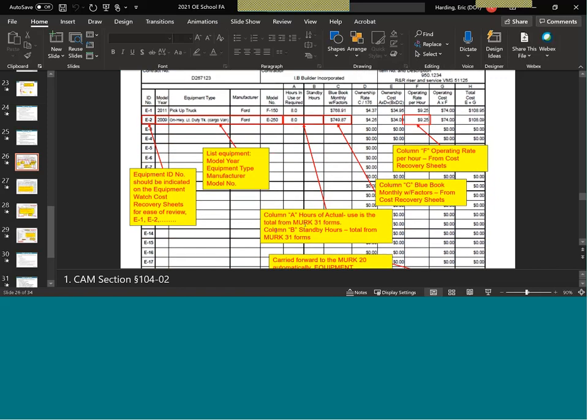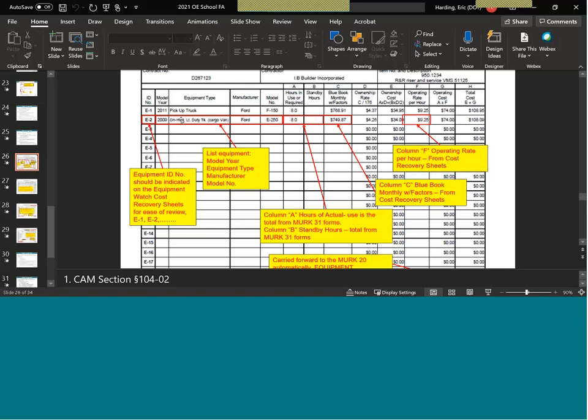Hours of actual use come right from the dailies, Mark 31s. Column C, the Blue Book monthly rate with factors. We looked at that Blue Book sheet. For E2 here, it should be clearly written at the top, E2. You should be able to follow right along. All this will make sense.